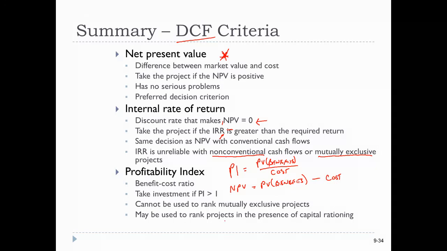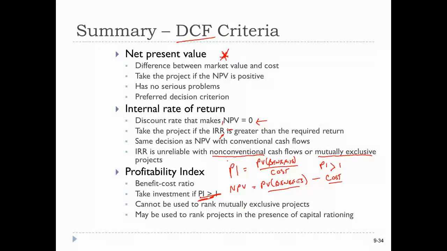So you can see these two things are going to be mostly consistent with each other. If the benefits are worth more than the cost, that means net present value is positive, and it also would mean that the profitability index would be greater than 1, which is what's considered a desirable or an acceptable investment. If the benefits in present value terms are greater than the costs, then it's a good project.